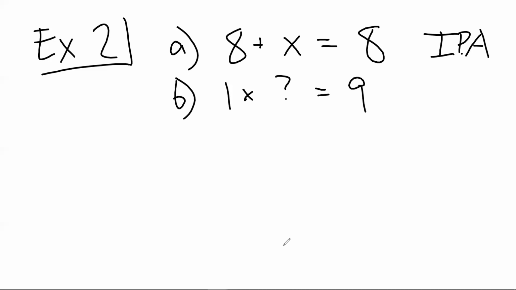So which property can we use to find this missing number? Courtney, which one do you think it is for letter B? 1 times question mark equals 9. Which property? Yep, identity property of multiplication, IPM.